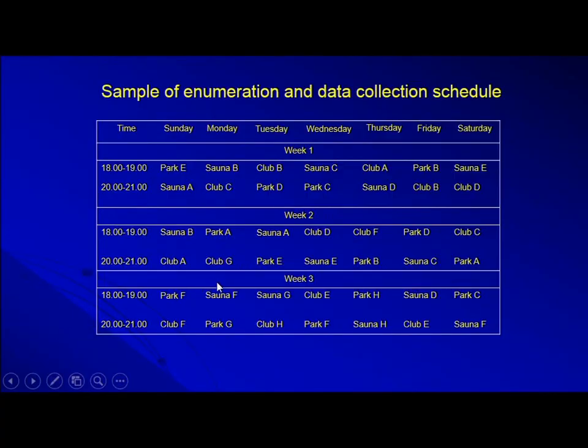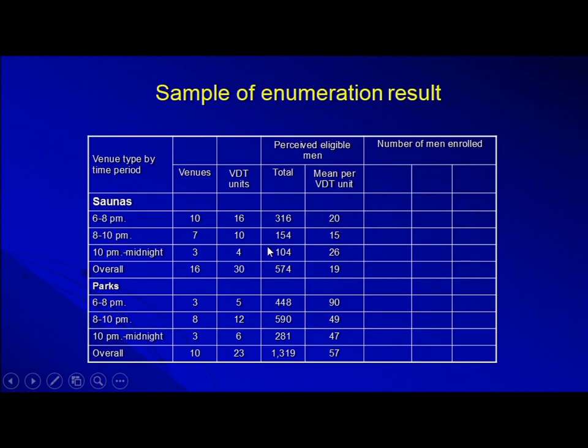So we get a schedule looking more or less like this, a set of enumeration and data collection schedules. We have parks, saunas, clubs, etc., where we go to enumerate, and later on to collect the data. This is an example of what you get: a table with what we call VDT units.